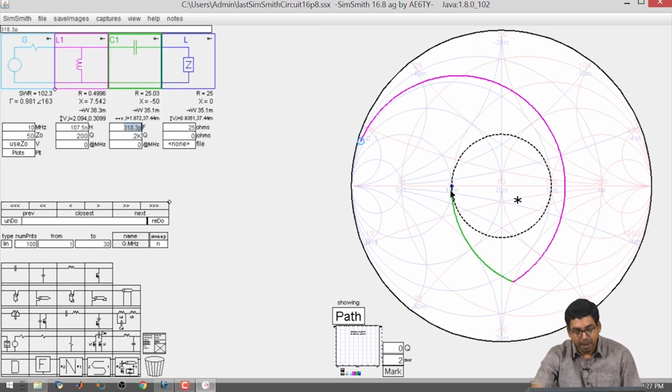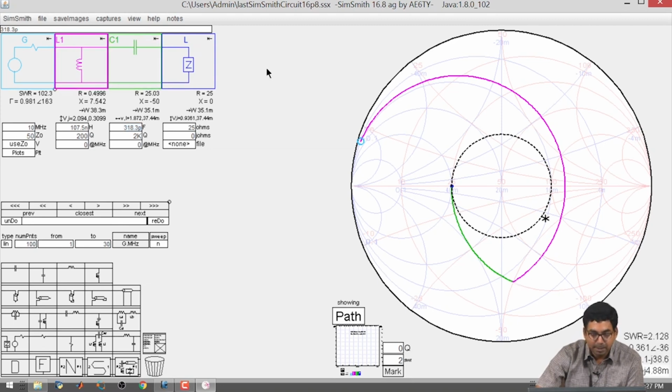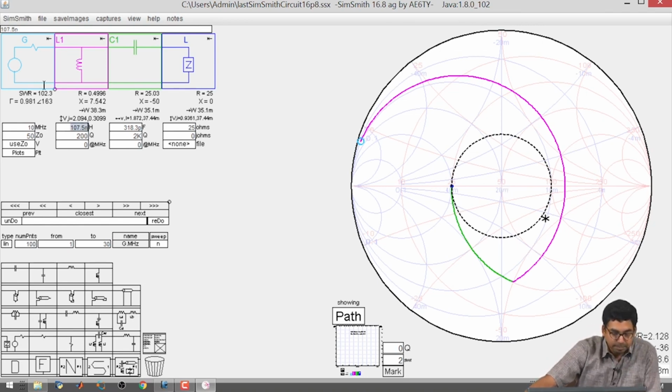So, the green part here is the capacitance connected to the load side, okay, and this pink part is corresponding to the inductance that you have connected over here. And if you are able to adjust the two parameters, you will be able to arrive at the center. Okay. So, what we can do is we can start manipulating things, all right.